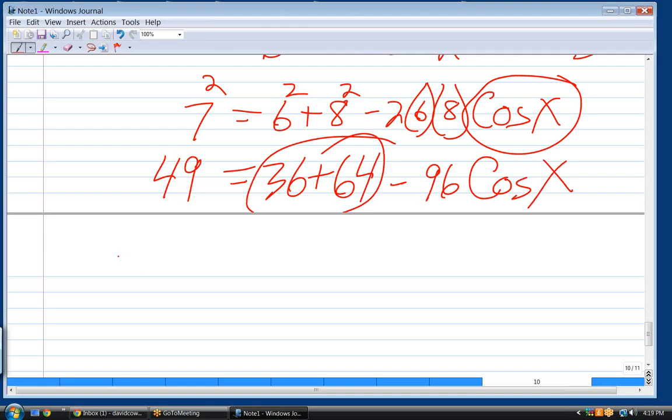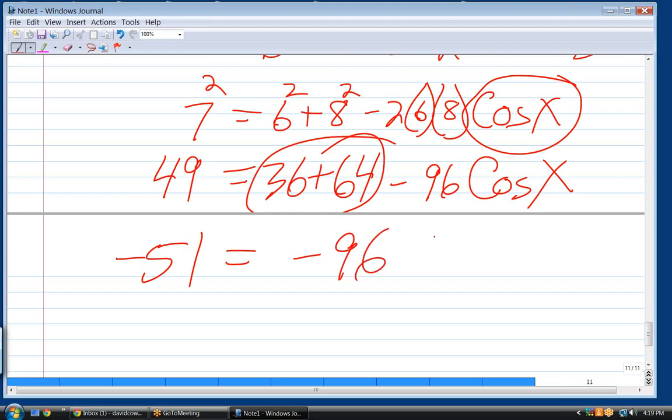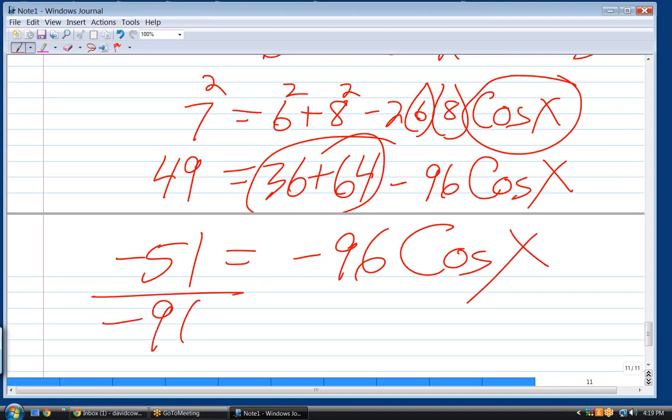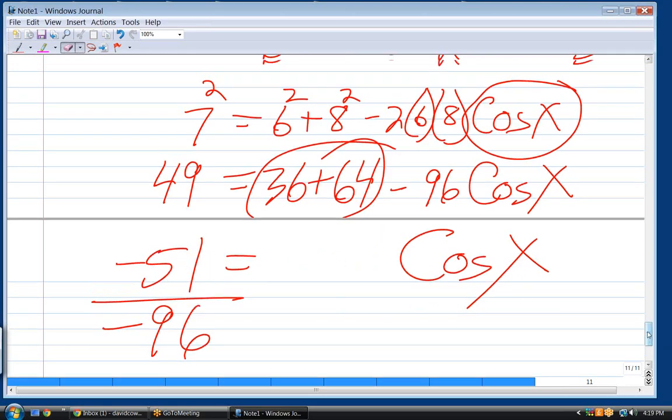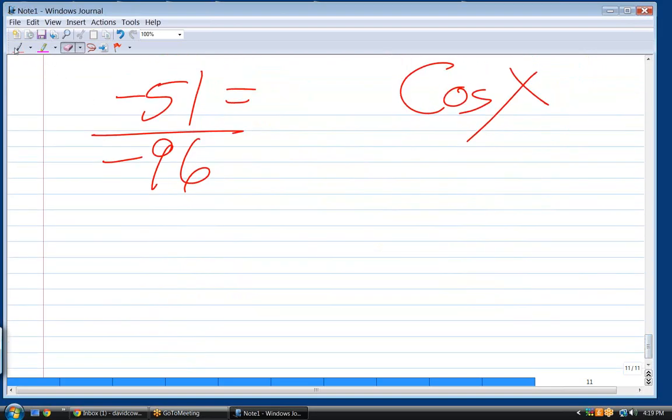Subtract from both sides, you get minus 51 equals minus 96 cosine x. Next, divide both sides by minus 96, and you get cosine of x equals this number. What is x equal to?